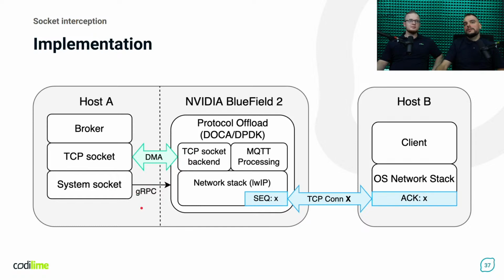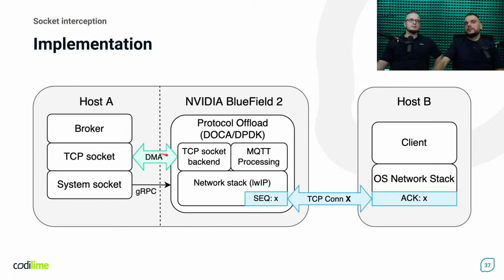For example, that case is present when we want to forward the gRPC data, or another case is that we want to forward calls to the netlink subsystem from the broker all the way to the host kernel. But the most interesting traffic is the actual TCP traffic that we want to offload.